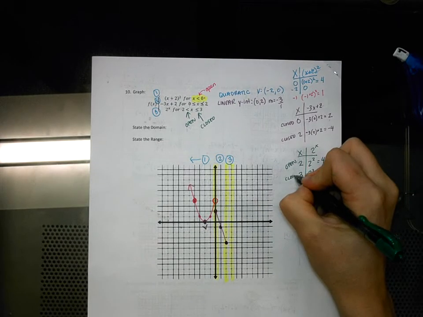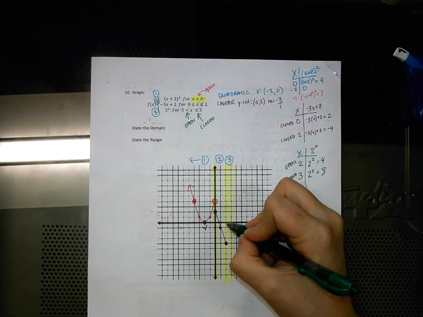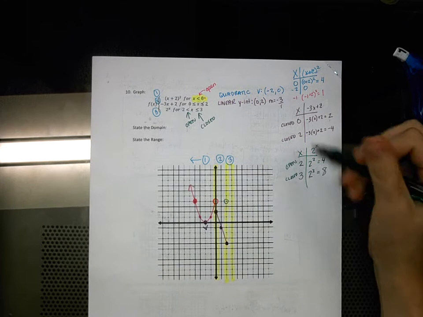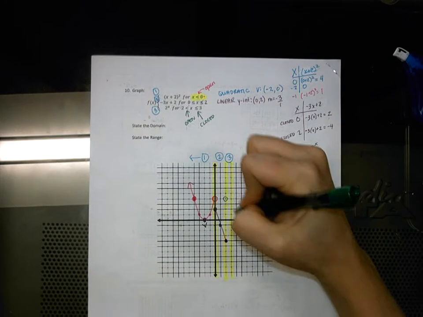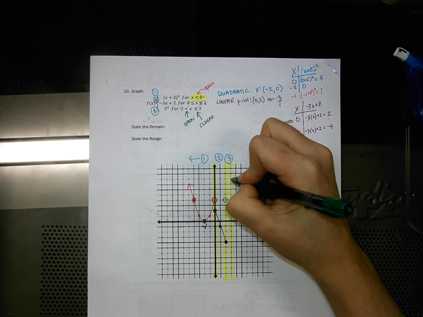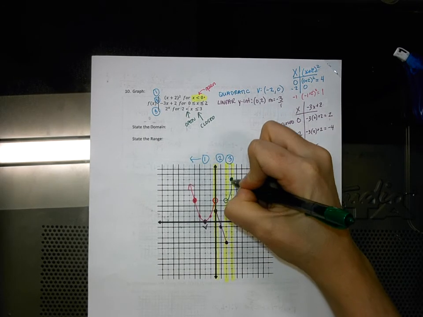So 2, 4 is open, over 2 up 4. (3, 8) is closed. And you want to make sure you draw it curved because it is an exponential function.